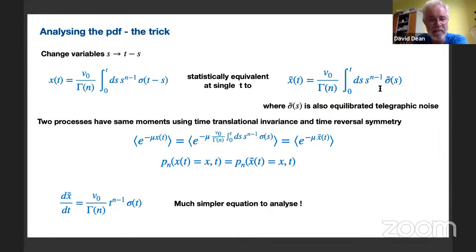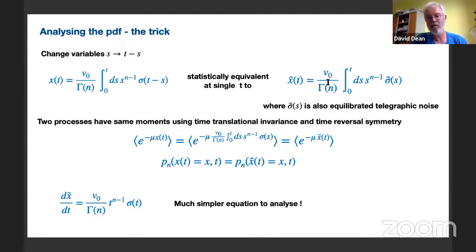Okay, so this is something which only holds for the statistics at a single time. And the way of seeing that is, you can look at the moment generating function, the Laplace transform of the PDF, which is given by this. What you can show is, if you compute the moments of x of t and x tilde of t, using time translational invariance and time inversion symmetry, you find all the correlation functions turn out to be the same.